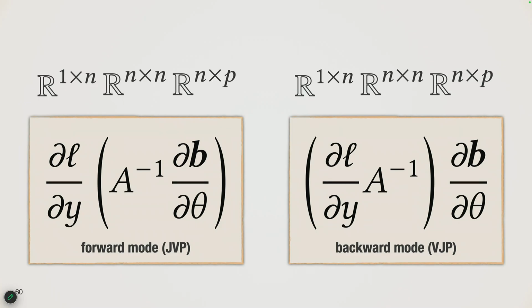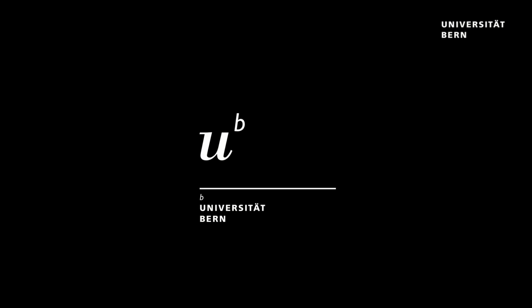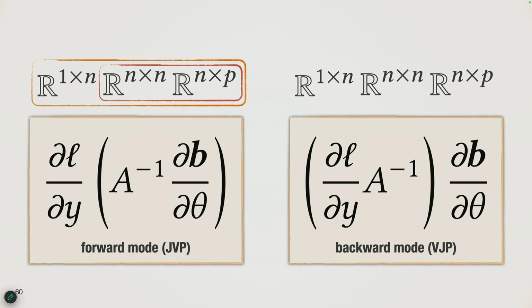I've put the sizes of each of these Jacobians above the expression. And you will notice that this parenthesization changes the actual computational demands of this algorithm, right?